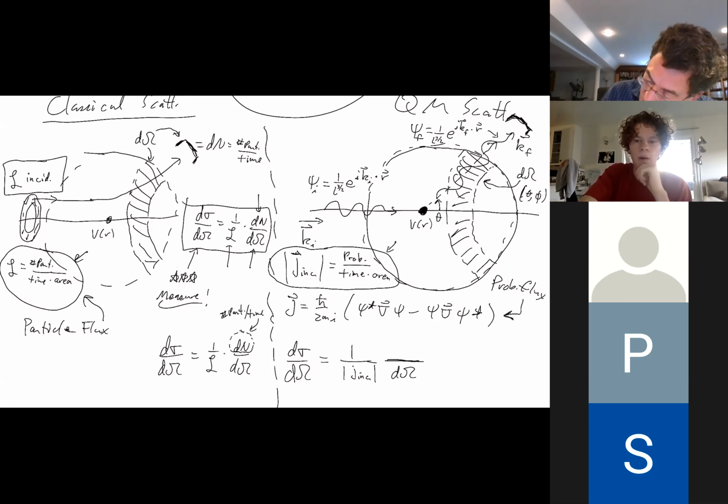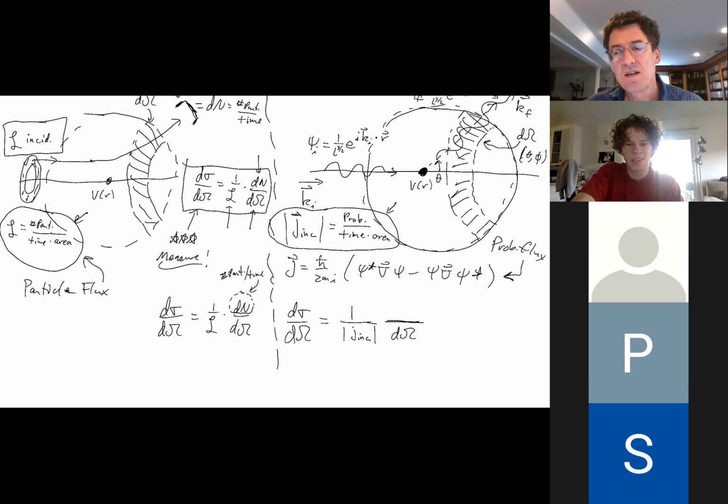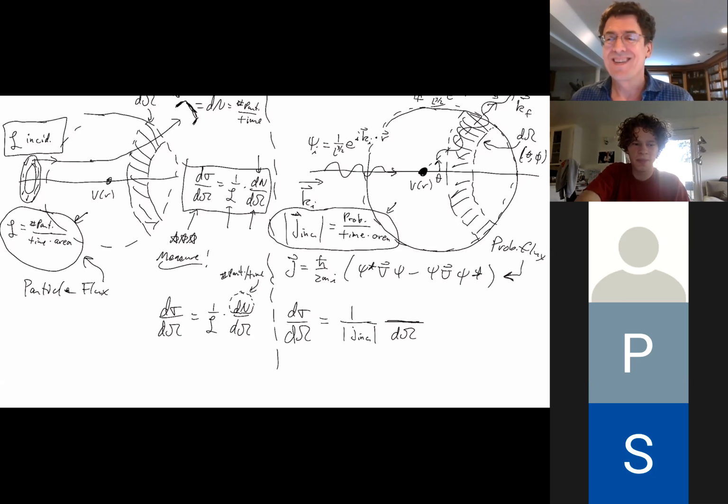The number of particles got replaced by what? Probability. That's right. And so here in this ratio, it's the number of particles per time. So what goes on top of this ratio? I want it to be precise. Get the units right. Probability, right? This is particles per time. What goes on the right-hand side? Probability per time.